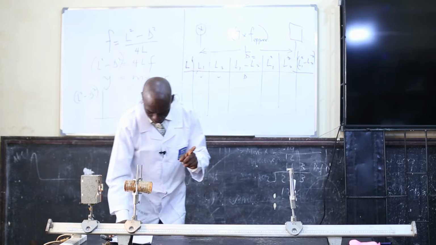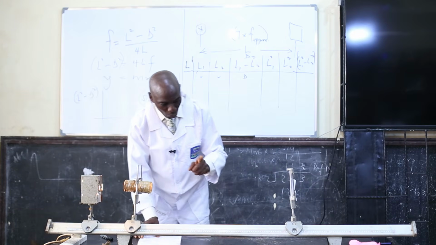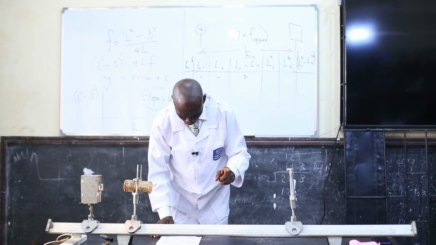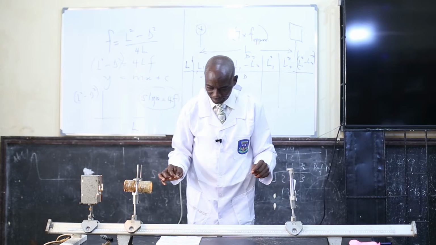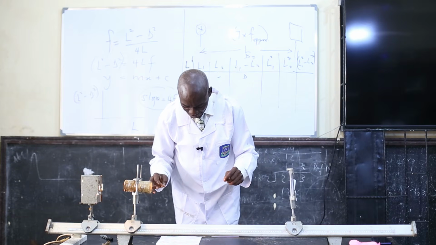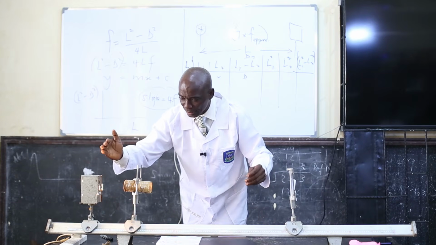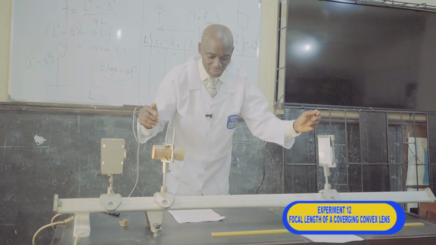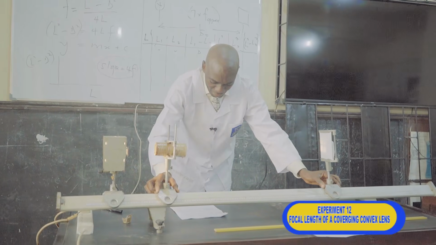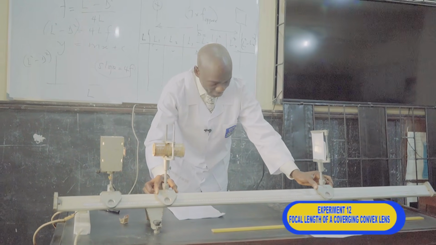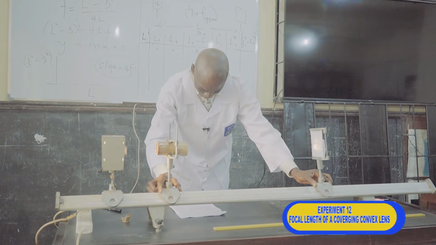Now, when you do that, another thing that is required is we want to know the minimum L, and that is the distance between the ray box and the screen where you will not obtain a sharp image again.